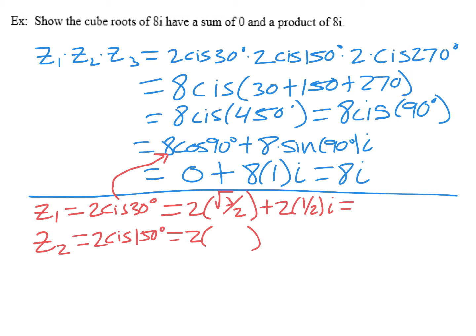r cosine 150 plus r sine of 150 i, and third and final root, 2 cis 270.